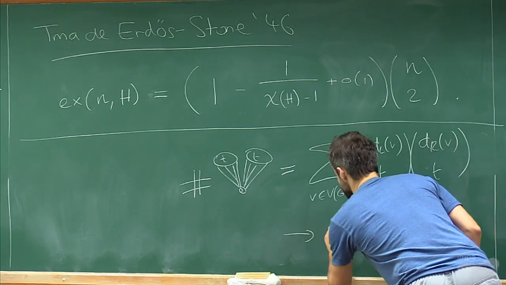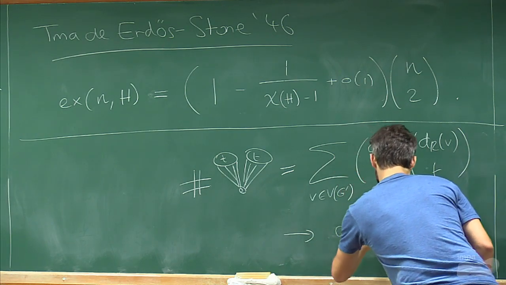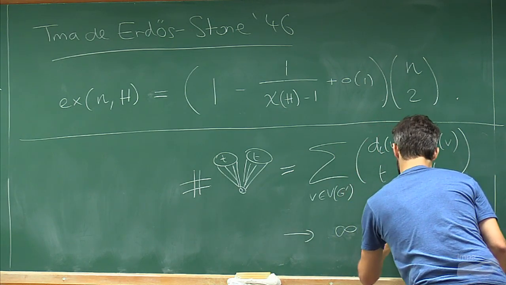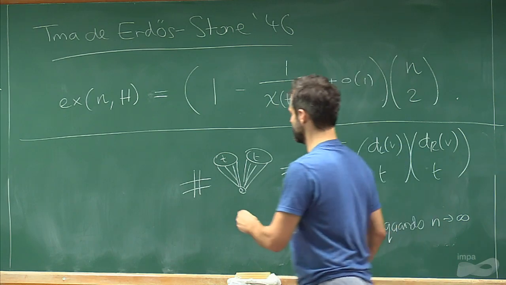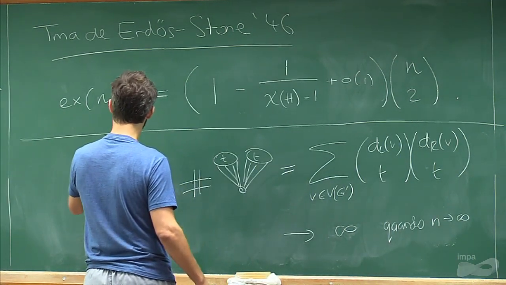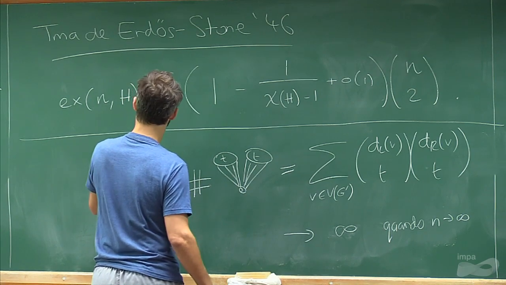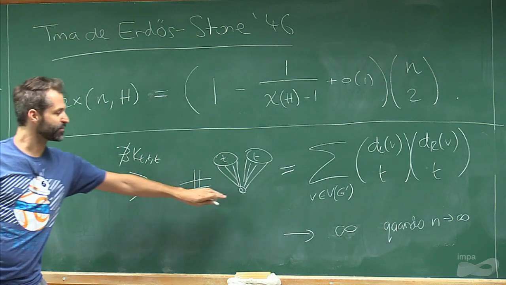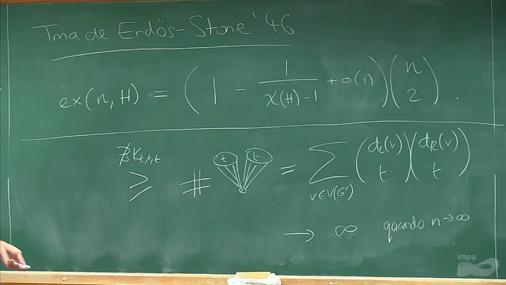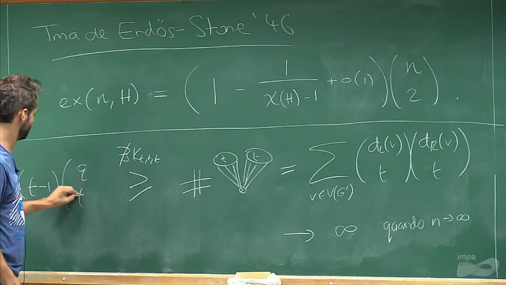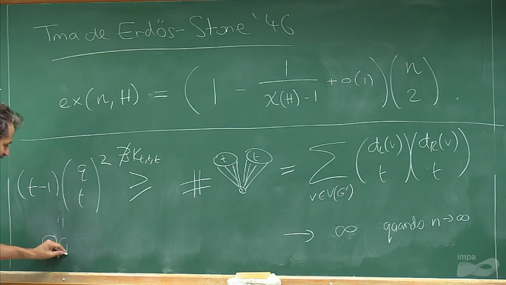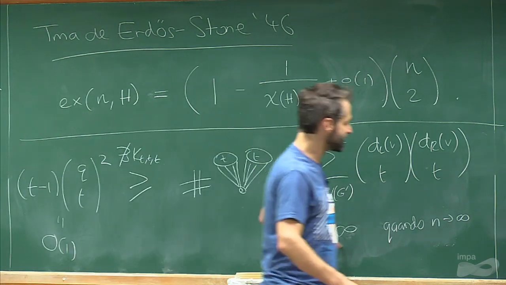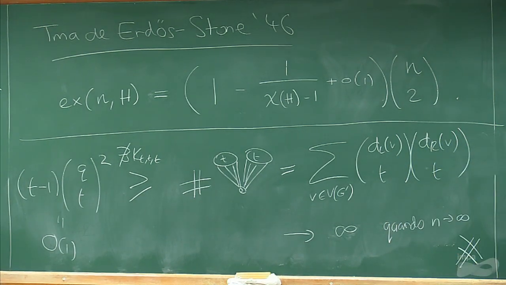We just showed that this goes to infinity as n goes to infinity. And if there's no copy of K_{t,t,t}, that implies the number of these things is at most what? T minus 1, exactly. Which is a constant. So this thing is a constant, and it's bigger than something that goes to infinity, and that's a contradiction.